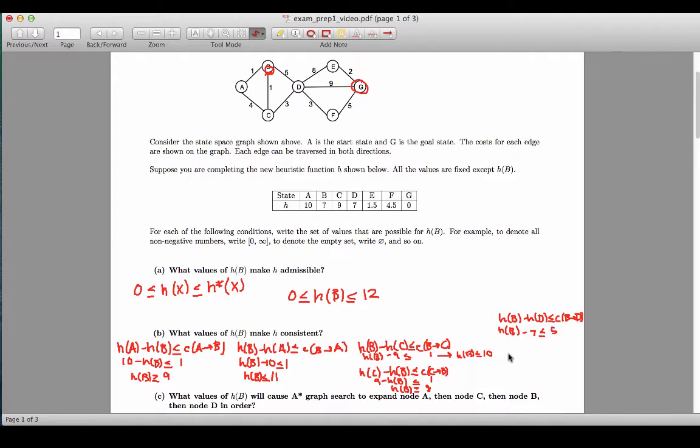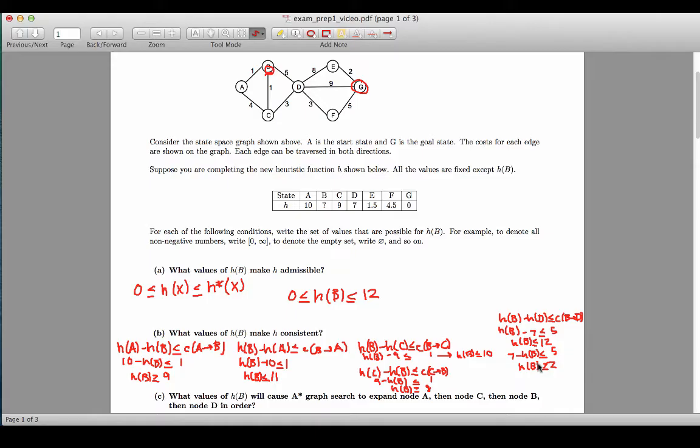And similarly, the other way, h of d, which is 7, minus h of b, should be less than or equal to the cost from d to b, which is 5. This top inequality gives us h of b is less than or equal to 12, and this bottom gives us h of b is greater than or equal to 2.